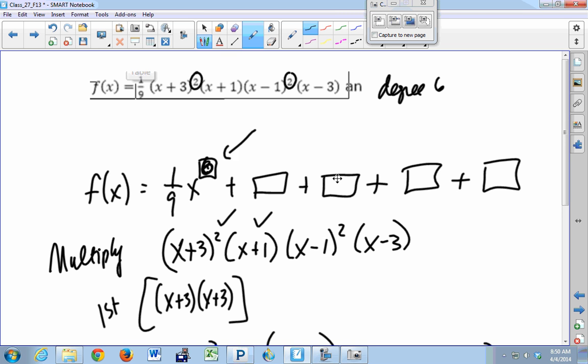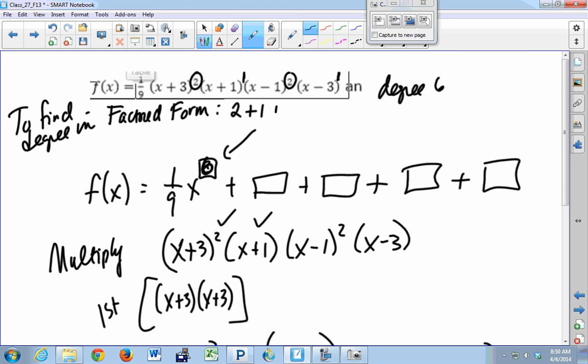What are they going to have for a power? 1. So when it's in factored form, to find the degree in factored form, you add up all your exponents. So to find the degree in factored form, it's 2 plus 1 plus 2 plus 1, which is 6.